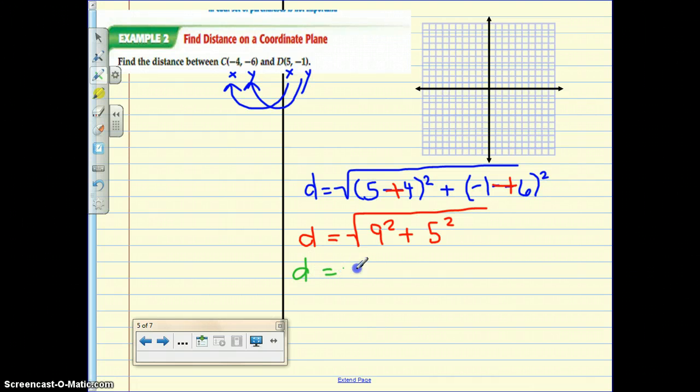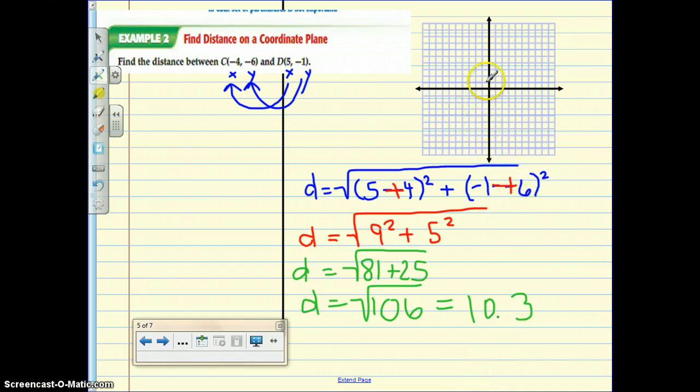So we have the square root of 81 plus 25. So this is the square root of 106, which we know the square root of 100 is 10, so it's going to be slightly over 10. It ends up being approximately 10.3.